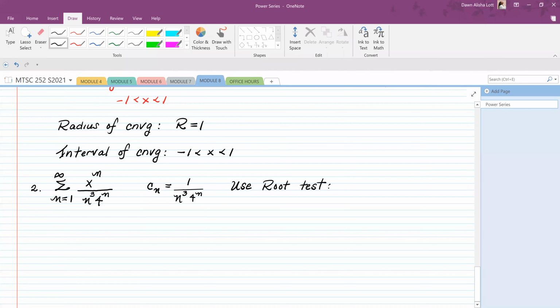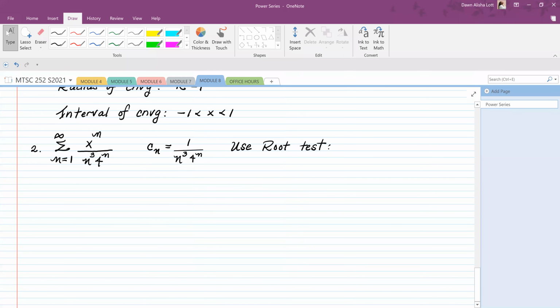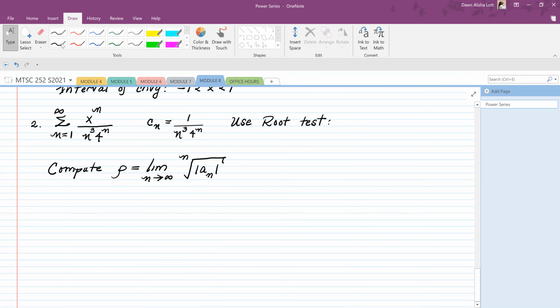The root test says compute rho equal to the limit as n approaches infinity of the nth root of the absolute value of a_n.